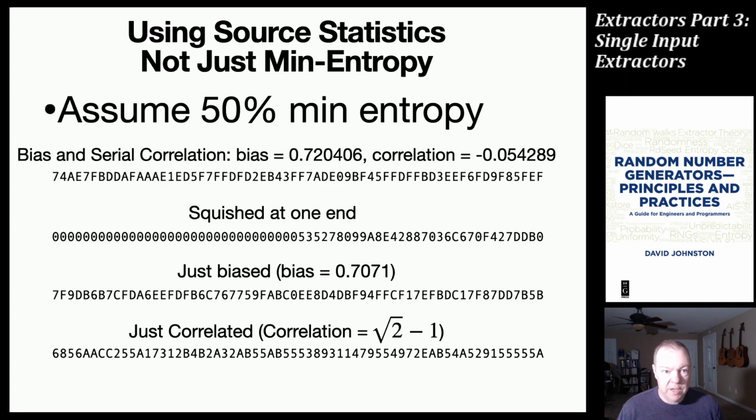So we could have some data with bias and serial correlation, and then we have a string here, which was generated with both bias and serial correlation. The bias was 0.72 and the correlation was negative 0.05 something. It could just be squished to one end. Now these two numbers, the bias and serial correlation, if you have data with that, you actually have 50% entropy.